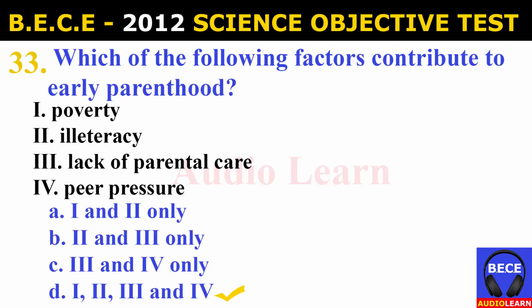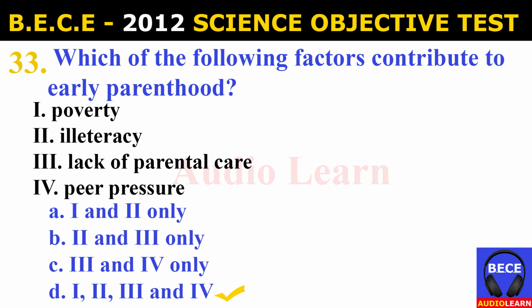Number 33. Which of the following factors contribute to early parenthood? I. Poverty. II. Illiteracy. III. Lack of parental care. IV. Peer pressure. And the possible answers are A. I and II only. B. II and III only.